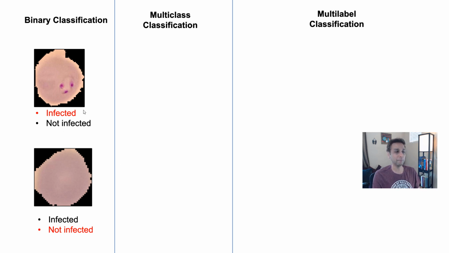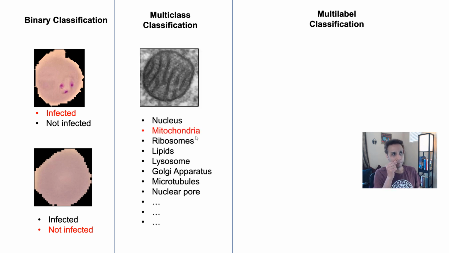In this specific example, if I say my value of 1 is not infected, that means my value of 0 is close to infected. So it is binary. Is it either infected or not infected? Is this a cat or a dog? That's it. It can be either this or that. Binary classification. When I talk about binary classification, we can see what type of optimizer would be ideal and all that stuff.